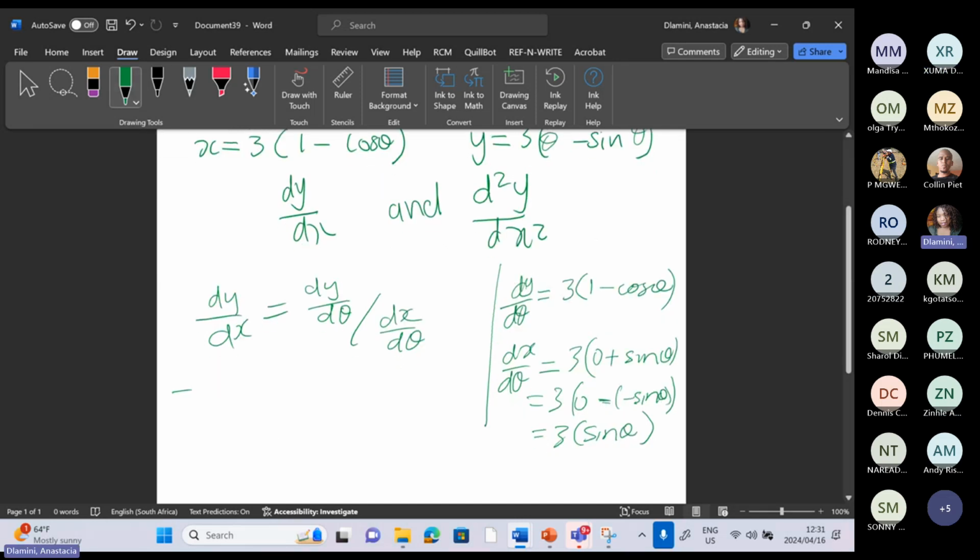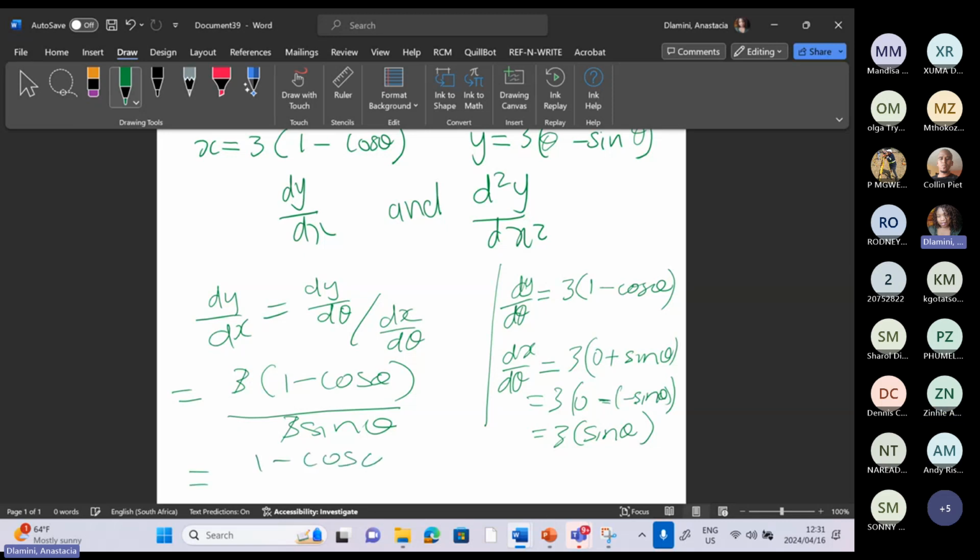Now, let's substitute dy over d theta. It's 3 times 1 minus cos of theta, divided by dx over d theta, that's 3 sine of theta. We see this 3 cancels, so this is equal to 1 minus cos of theta over sine of theta.